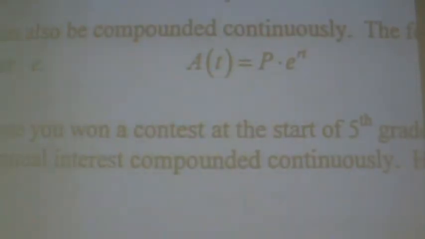Now there's another formula, but it's not difficult. It's actually easier than this last formula. Sometimes banks will give you interest continuously. Continuously is defined by this equation. A is the amount you're gonna earn, total with the interest and all, equals P times e to the rt. Sorry that's hard to read.